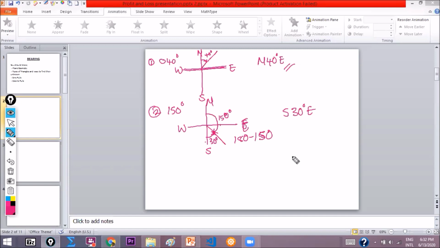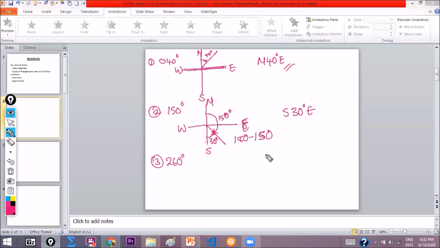Yes. Okay, now I want you to do this. Convert 260 degrees to compass bearing. What's the answer? I hope you have your pen and your paper. What's the answer?